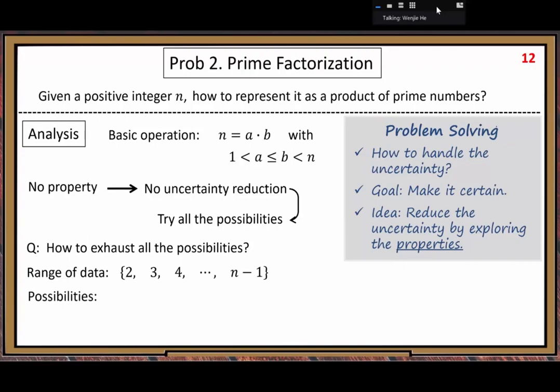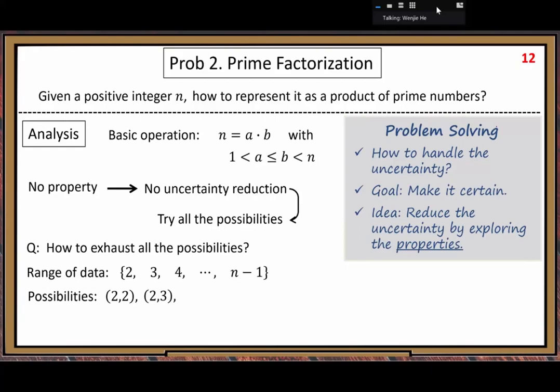Now, let's list all the possible A-B pairs in this range, but our second factor B should be greater than or equal to A. So we can reduce slightly, but we need to list all those pairs. For the first pair, A is the smallest number in the range, and B is also the smallest number greater than or equal to A. That's the first pair.